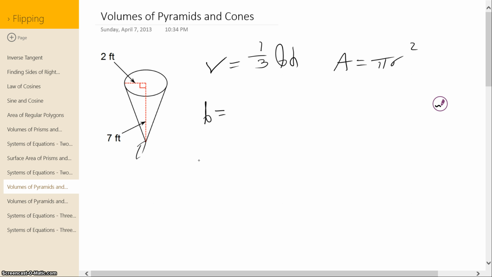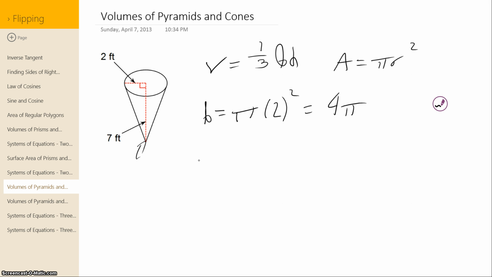Pi r squared, so area for a base is going to be pi times, in this case, our radius is 2 squared, which is just 4 pi. And you know what? I like pi. I'm going to leave that in there. I'm not going to mess around with converting pi to something else. For right now, this is perfectly practical. If we need a different number, if we need to work out the pi a little bit more directly, we can do that later.